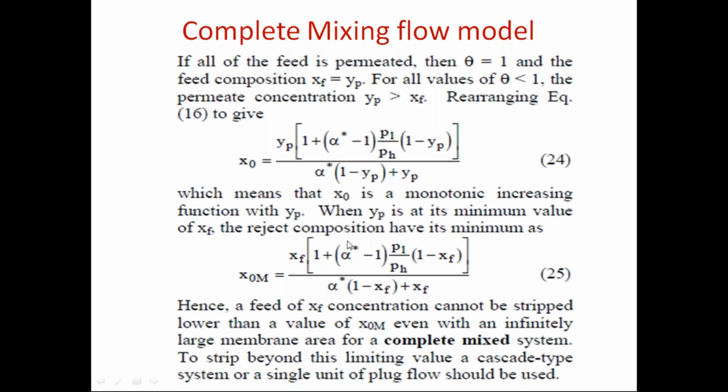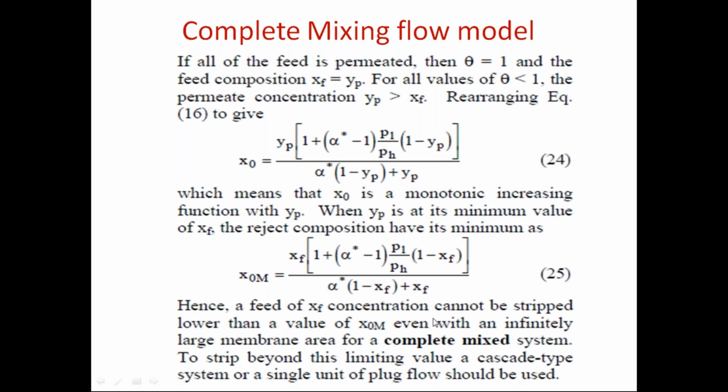In that case, you can decide that a membrane which has more permeability should be considered, or if within the limitations you are getting the XOM value which is lesser than the threshold value allowable in the operation, then you can comfortably work with that particular membrane. So in that way you can take certain decisions during the operations.